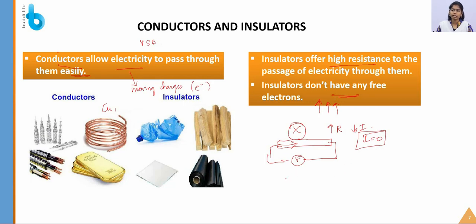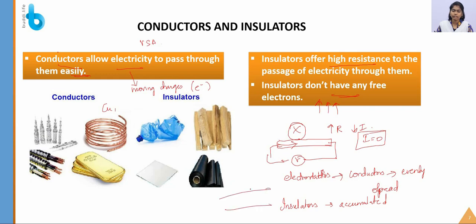Okay, so let's see the properties regarding electrostatics. What about conductors in electrostatics? Conductors have static charges evenly spread over the surface. In insulators, the charge accumulates; that is, the charge does not spread easily.